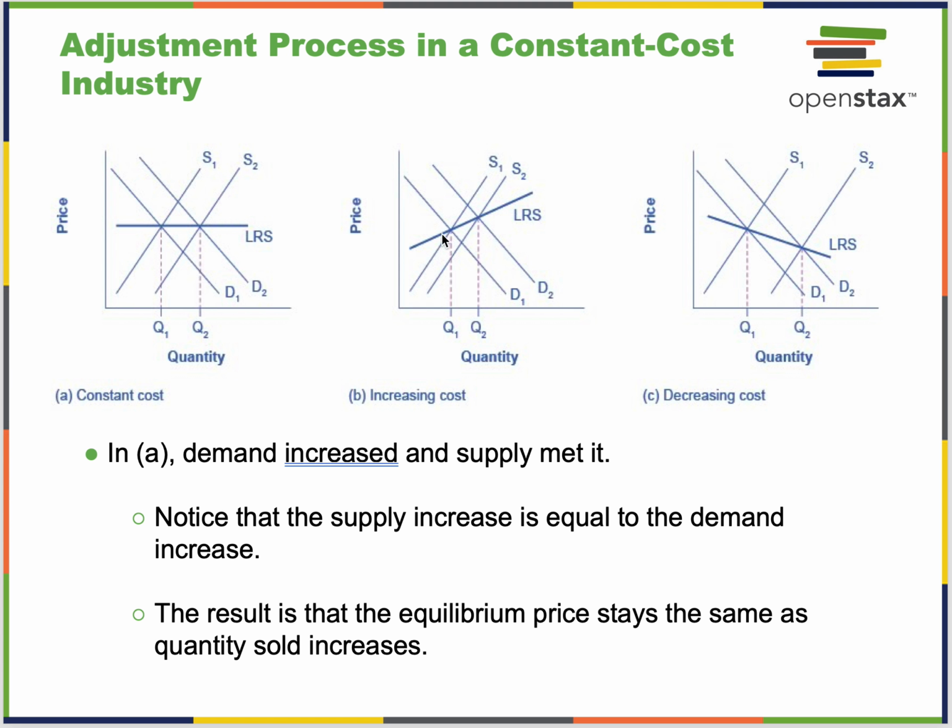And then if it's this shape where the quantity increases and the price increases, and you know the exact supply curves, you know the exact demand curves, the long range supply curve would be increasing. And then in the other case, maybe the industry is very efficient, and you'll see that the long-term supply curve is actually decreasing, so that would be a decreasing cost.